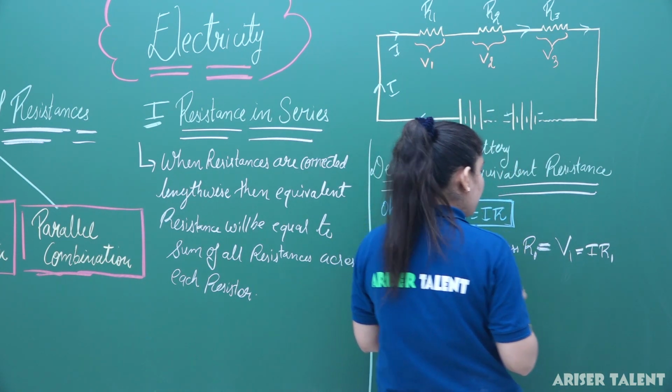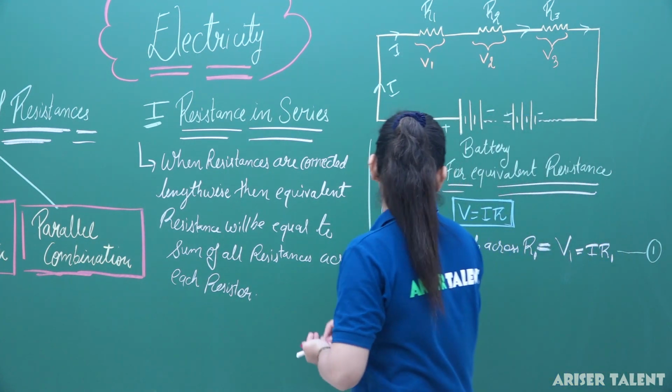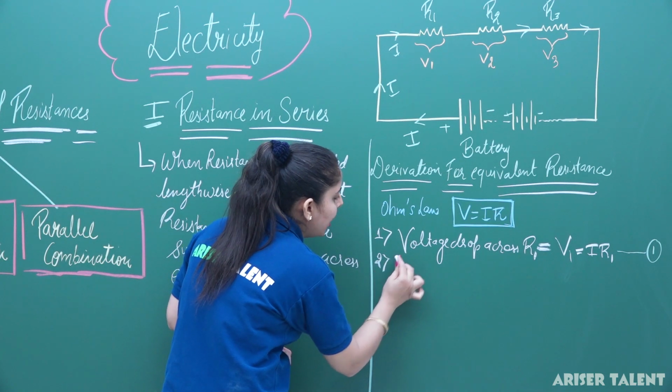This is our equation number 1. Now, we are calculating the voltage drop across R2.